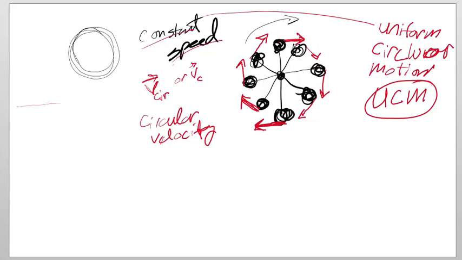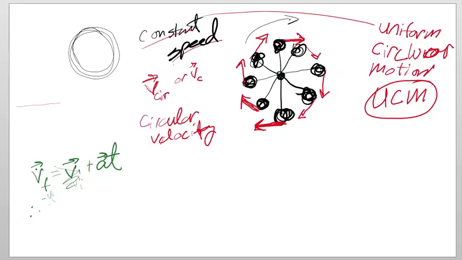So let's first of all look back at what acceleration is. If you remember this equation, I don't know if you remember how we derived it, velocity final equals velocity initial plus acceleration times time. I'm just going to solve this back. Subtract this, subtract that.